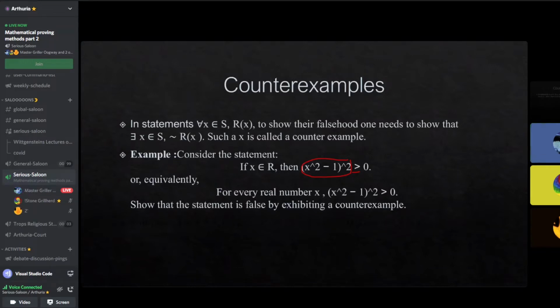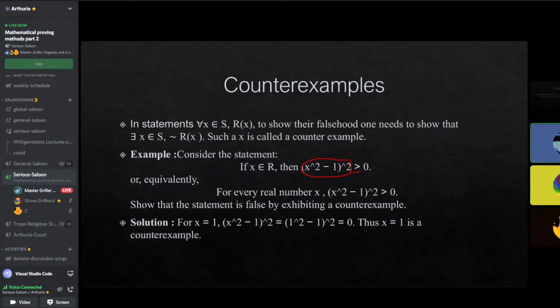In this case, x squared minus 1 must be equal to 0. And this happens only if x squared is equal to 1, so x is 1 or minus 1. For the purposes of this example, it is only necessary for us to show one counterexample, even though in this particular case, two exist. And this is the solution we come to find.